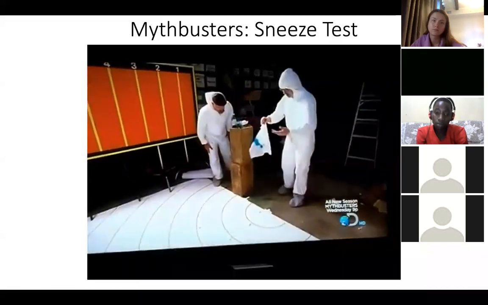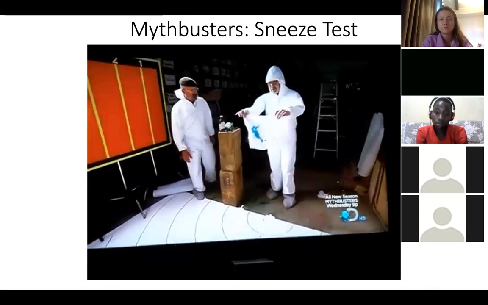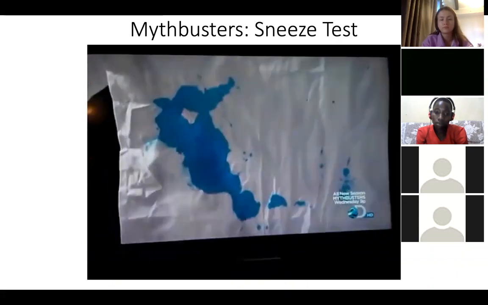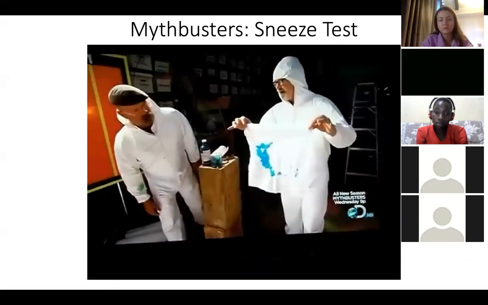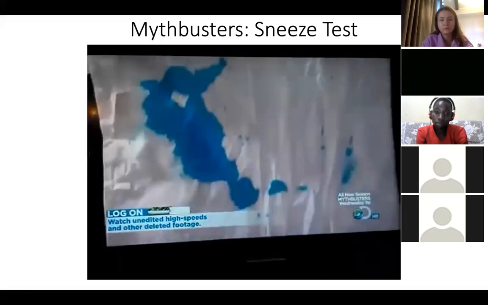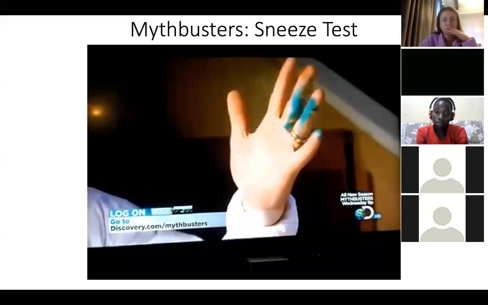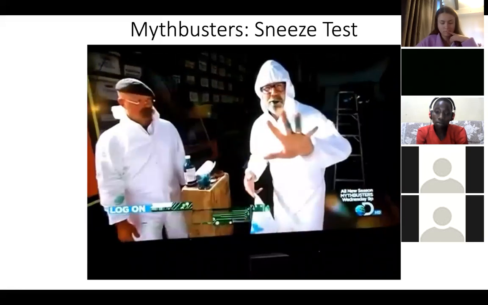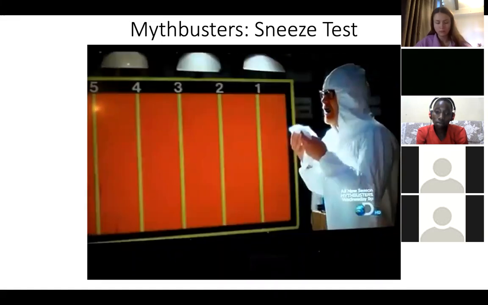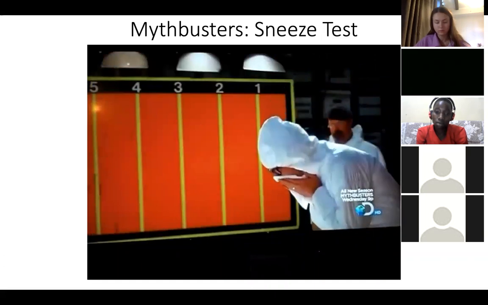At first, it seems like the hanky may be victorious, until I see some on the hanky. And look, it's penetrated all the way to both sides. It's penetrated both sides, and perhaps most damningly, it's on my hands, ready to spread to the next person whose hand I shake. The sneeze seeped through the hanky, contaminating Adam's hand, making it a pretty poor technique.